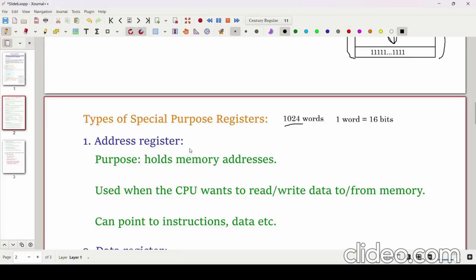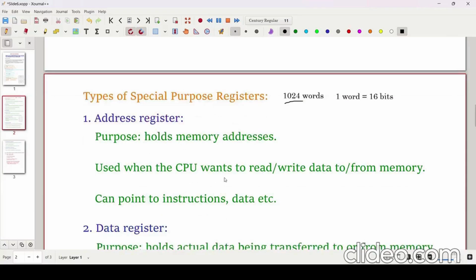Then from this address bus, the address register can fetch the address, and it is used when the CPU wants to read or write the data to and from the memory, right? And the address register can point to the instructions or the data. So if we talk about the size of the address register, then the size is equal to log with respect to base 2 of the number of words.